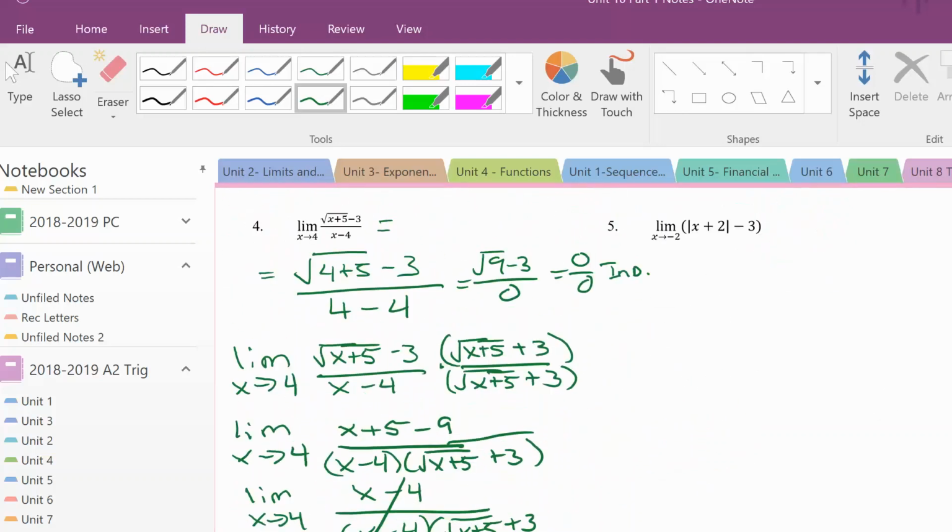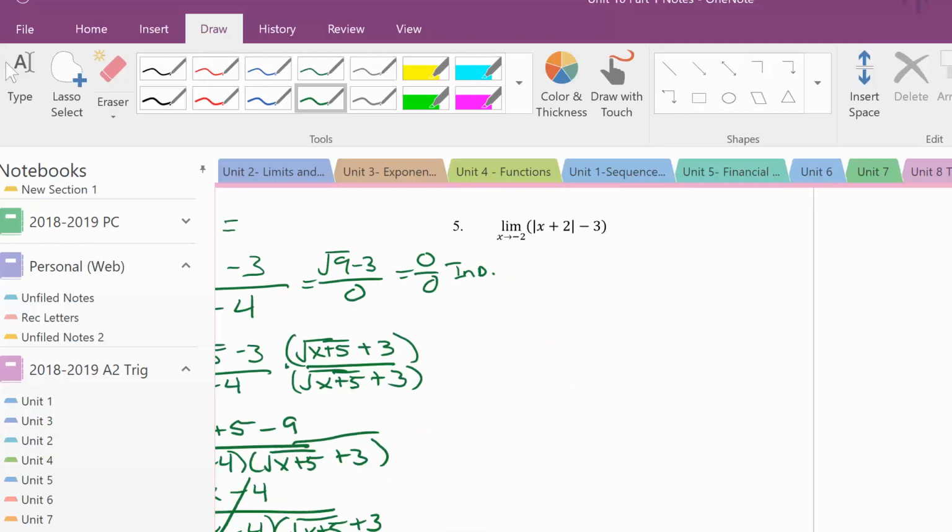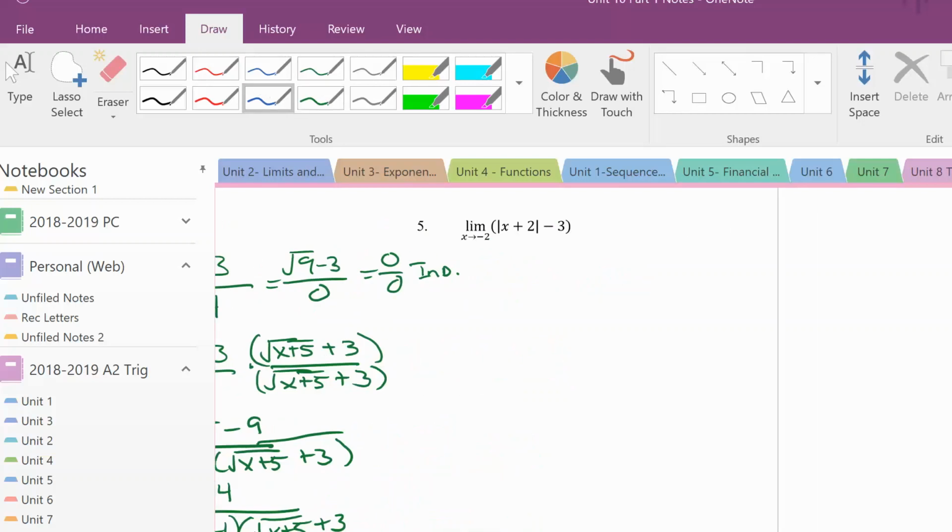Number 5, this one is a piecewise function because it's absolute value, right? So remember, the absolute value of x plus 2, minus 3, is equal to x plus 2 if x is greater than or equal to negative 2.